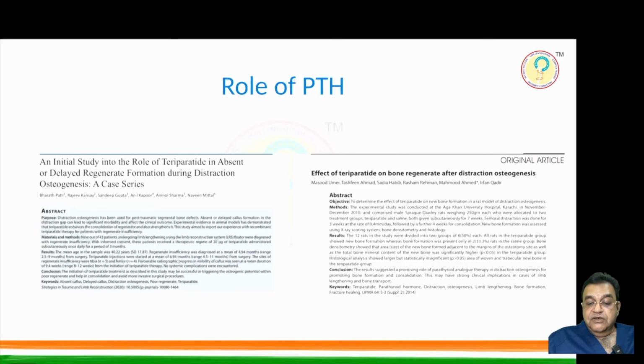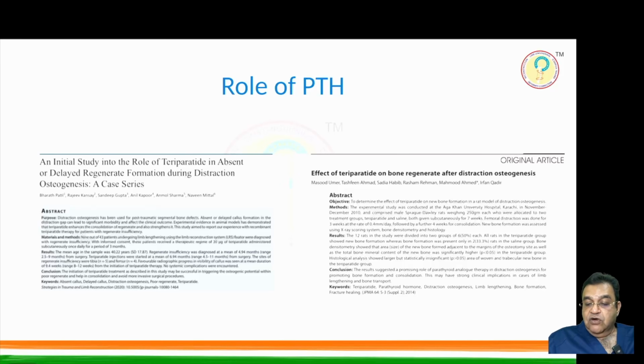Now the second paper is the effect of teriparatide on bone regenerate after distraction osteogenesis, by Masood Umair, Tahseen Ahmed, Sadia Habib, Rasham Rehman, Muhammad Ahmed and Irfan Kadir. Their conclusion suggested a promising role of parathyroid analog therapy in distraction osteogenesis for promoting bone formation and consolidation.